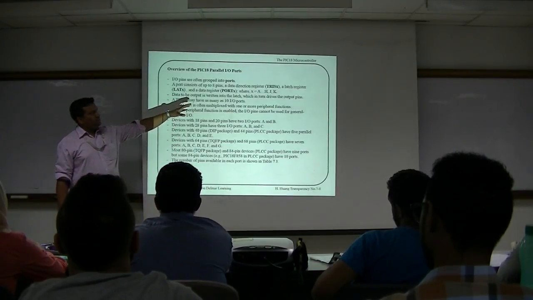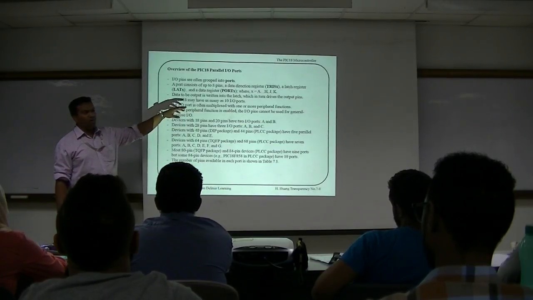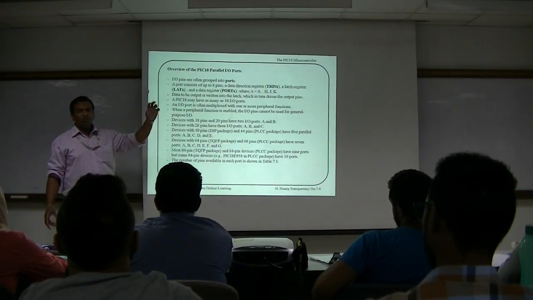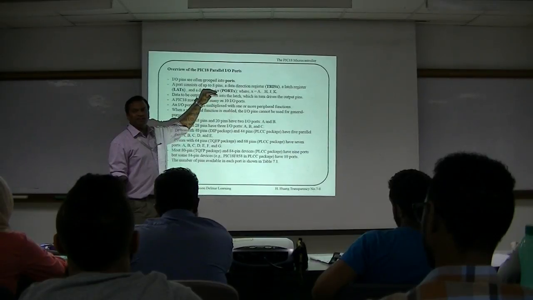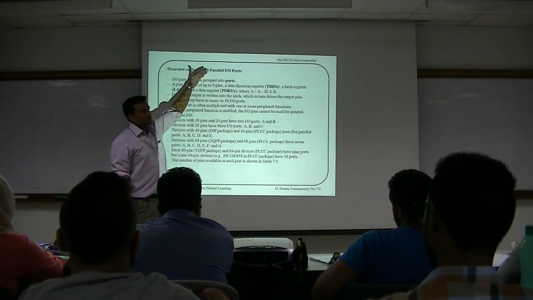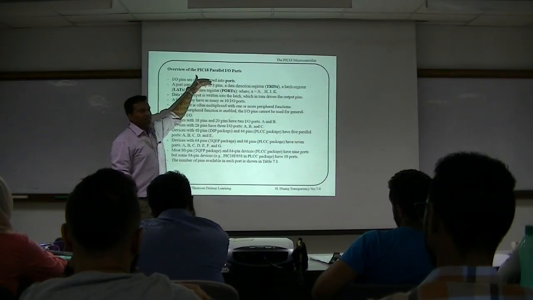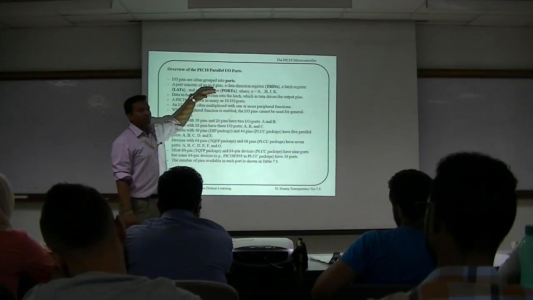We have a data direction register, known as TRIS, a latch register, known as LAT, and a data register, known as PORT. Remember, the input-output is read from the data register or sent to the data register. For an input, the input device is connected to the data register, so the data is transferred to the data register and the CPU reads from the data register.